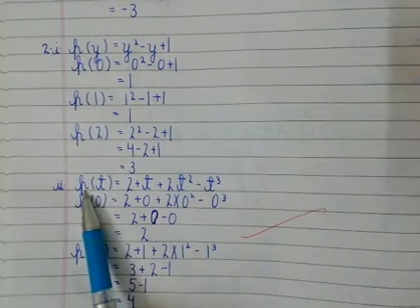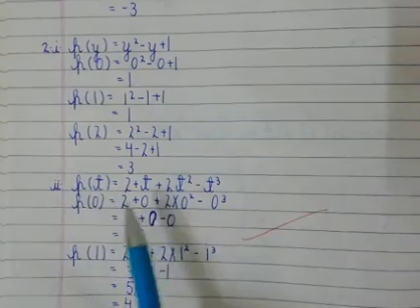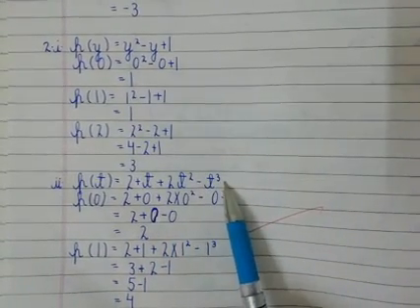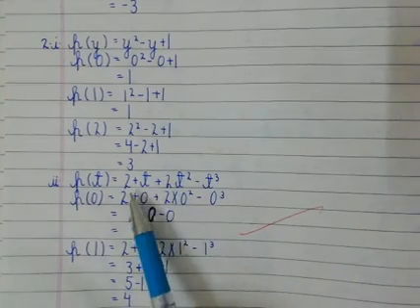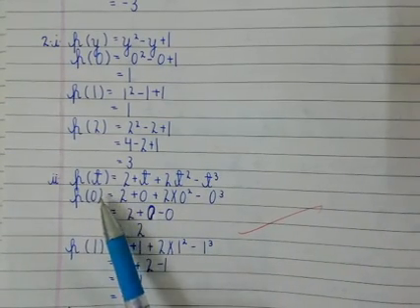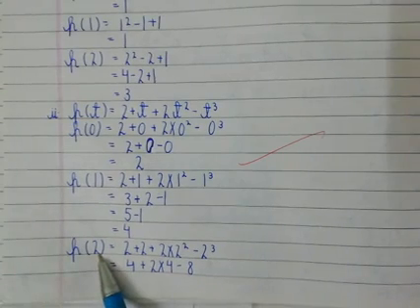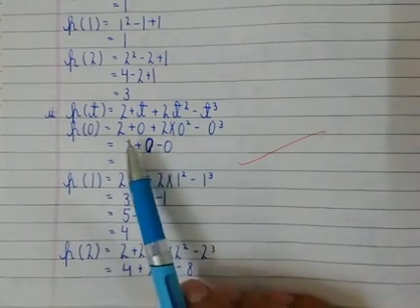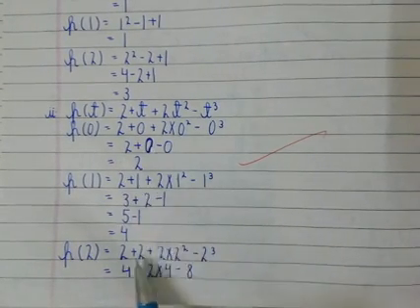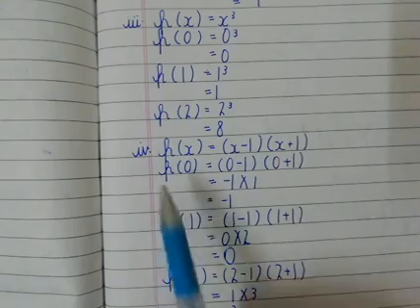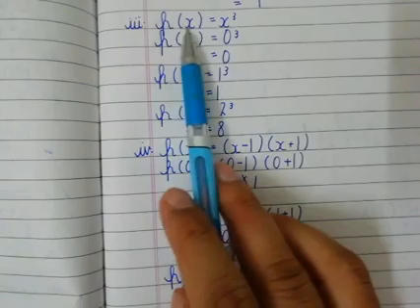Now here it is a polynomial in t: p(t) is equal to 2 plus t plus 2t square minus t cube. In place of t we have to put 0, 1 and 2, and after solving we find the values. Now in the third part, the polynomial x cube is given.